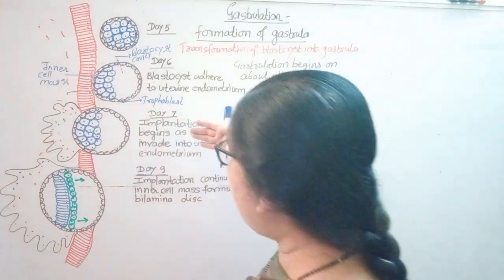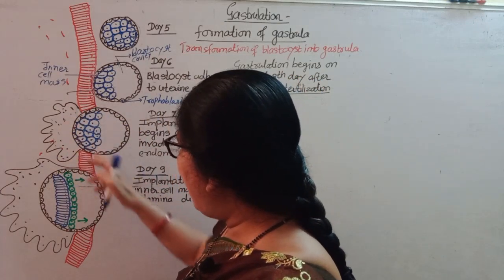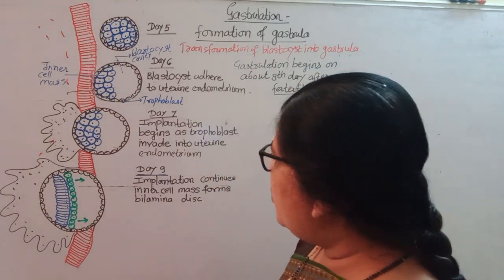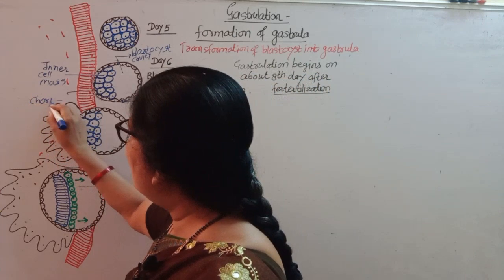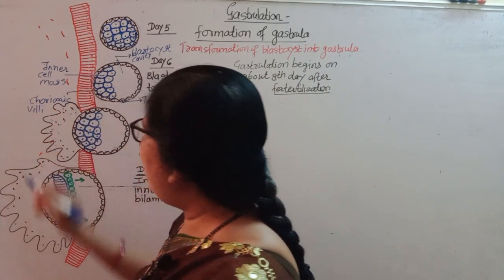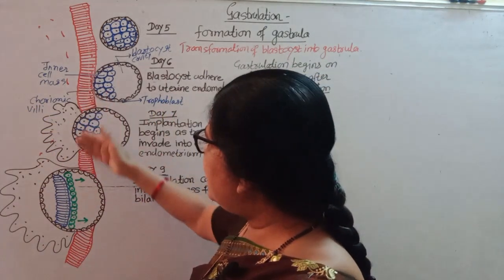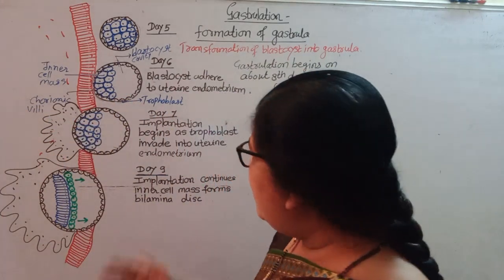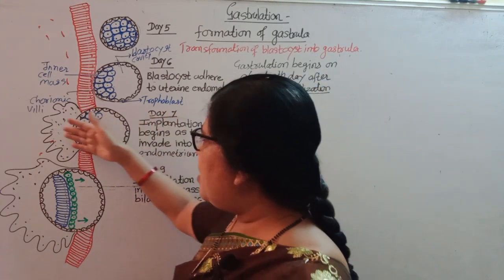So see here, implantation starts. This is trophoblast, inner cell mass, and trophoblast cells form chorionic villi. Chorionic villi secrete lytic enzyme which dissolves the endometrium layer of uterine wall, and implantation begins as the trophoblast invades the uterine endometrium.